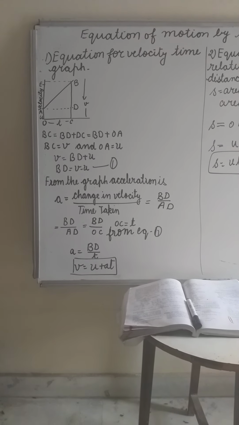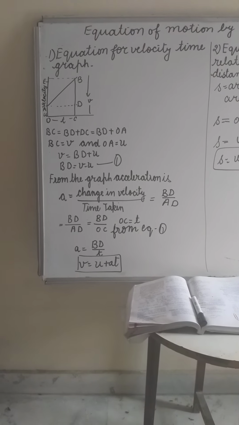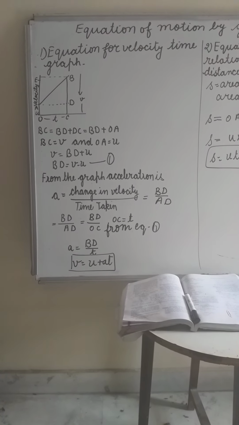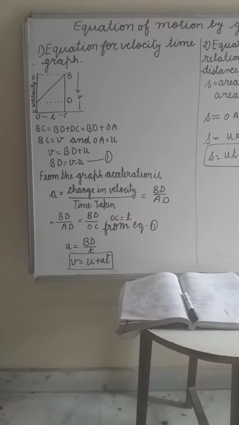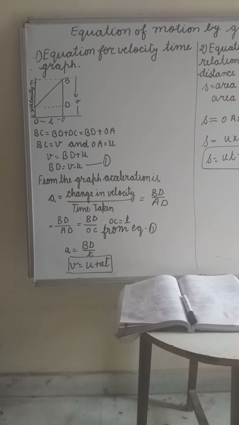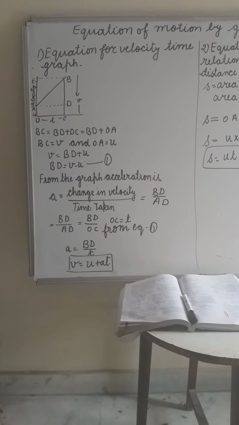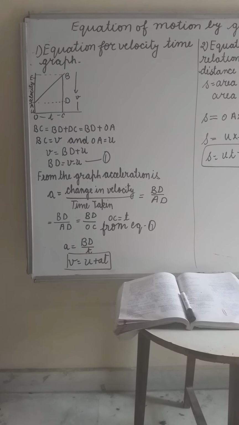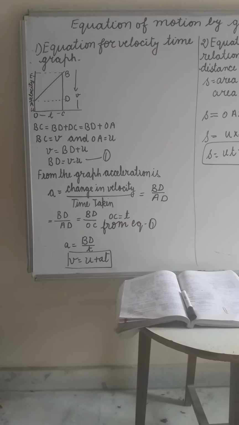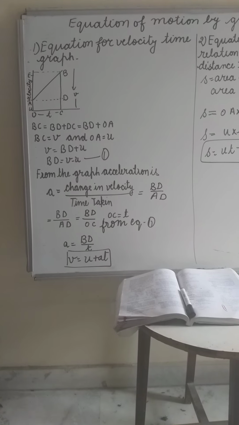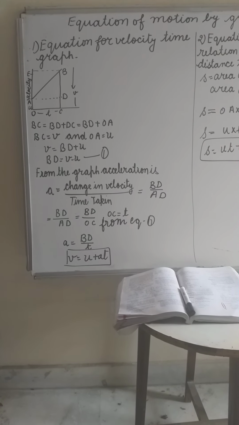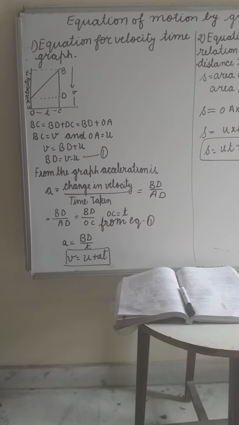So BC is equal to V. BC, the full line, is the velocity on that side. So what can we write instead of BC? V. And BD is equal to BD plus U. Where is U coming from?